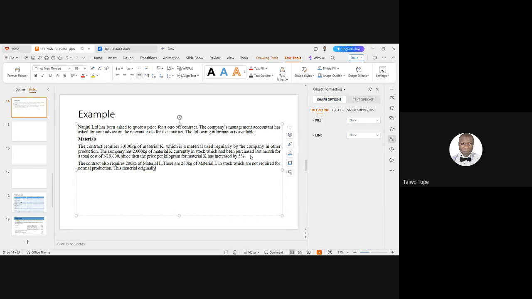This material originally cost a total of 3,000.